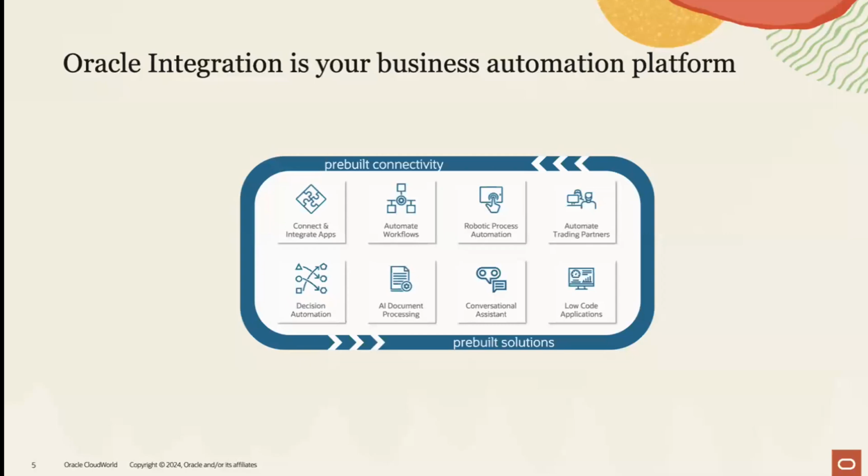And as you see features evolving, you are seeing the evolution of OIC as the business automation platform that enables you to integrate applications, automate your workflows, use robots for automating human workflows or repetitive work, and then also do business-to-business transactions, be able to run decisions.